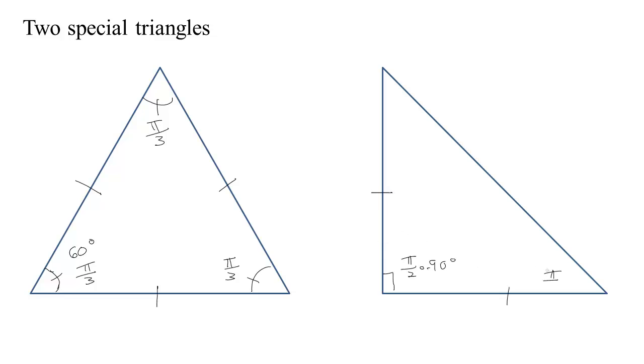So this will be our isosceles triangle. Then these two angles have to be the same. Let's give these two marks because they're different from the other. So these two angles have to be the same, and so that would be pi fourths and pi fourths there.